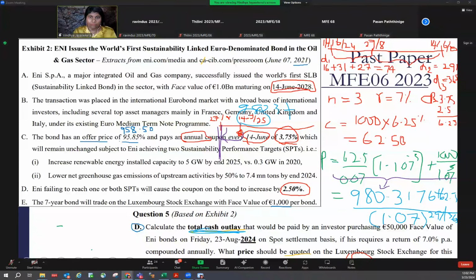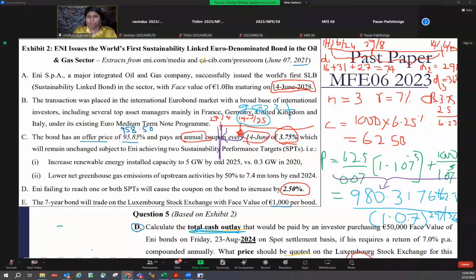How much is this? So this part is correct.